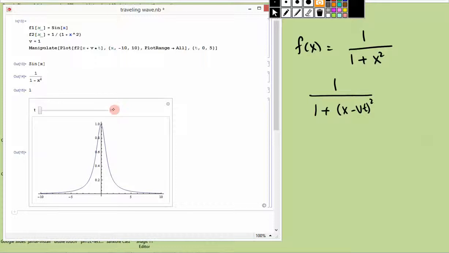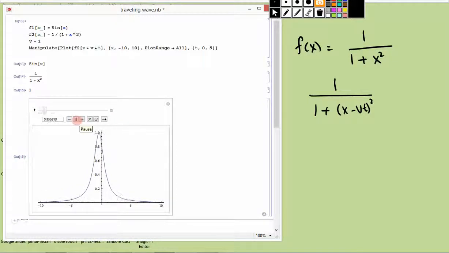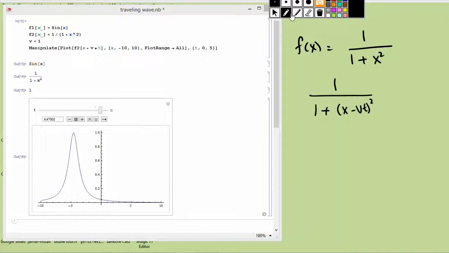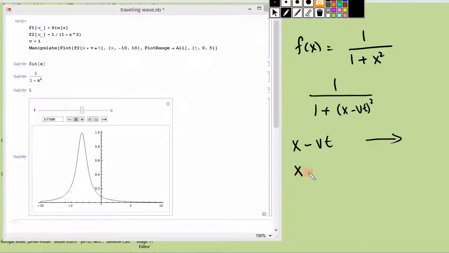Now I change that to a plus and now the pulse is traveling to the left. So what I'm seeing here is that x minus vt produces a pulse that goes to the right, and x plus vt produces a pulse that goes to the left.